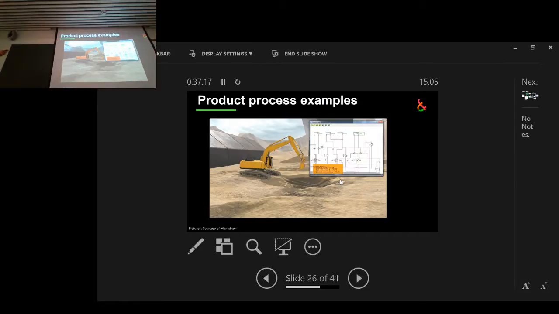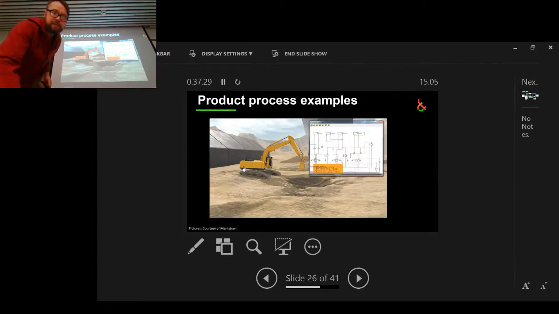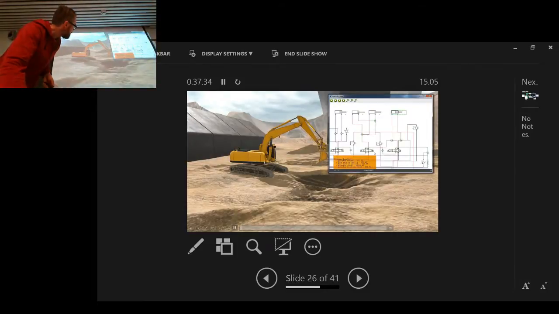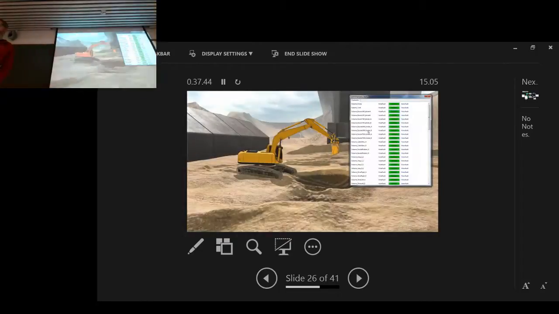So here are just a few rough examples. Again, the excavator, we are introducing just very violent faults. So let's see how it behaves. Okay, so I need to click it here. Now everything is still alright. You can see how the direction valves are changing because of the operation.